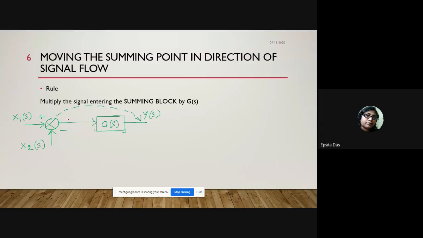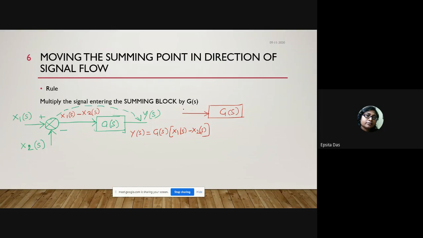What is the signal here? Here the signal is x1s minus x2s. This is multiplied by g, so ys is gs into x1s minus x2s. If I move this summer, I have to get the same y. So I move the summer. Now this block is here, gs.